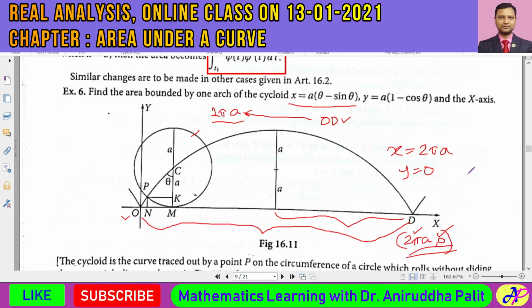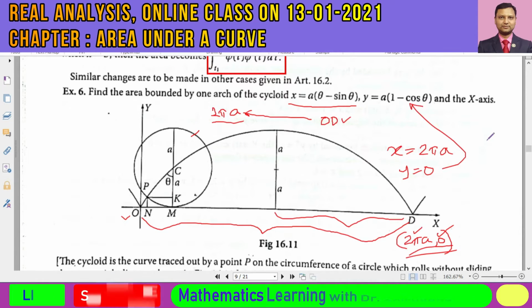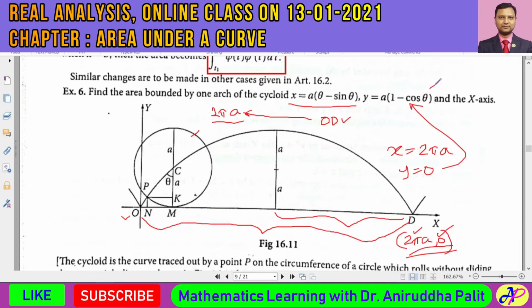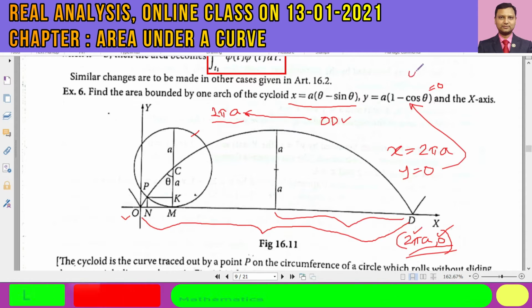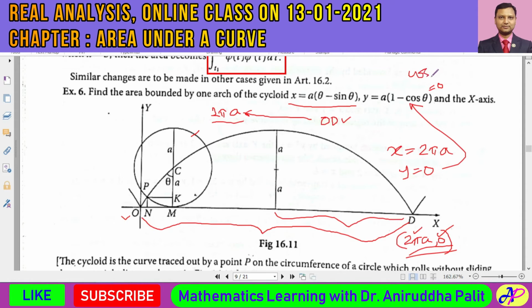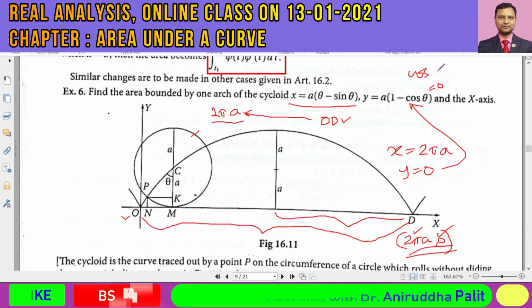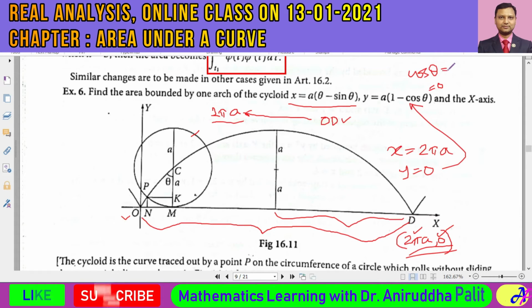Got it? Now if we put y equal to 0 in this expression, then a into 1 minus cos theta would be equal to 0. What does it mean? It means that cos of theta, this expression, must be equal to 1.